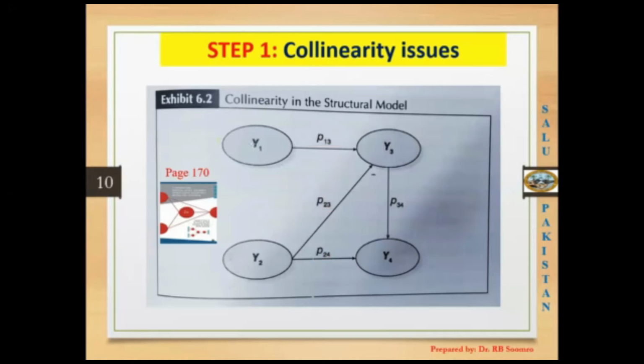For example, if there is a high relationship between Y1 and Y3, and its tolerance value is less than 0.2 or the VIF is more than 5, that means there is collinearity between them. Then we can check the collinearity for Y2 and Y3, and Y2 and Y4. So these are the structures or models where we have to check collinearity among all of them.